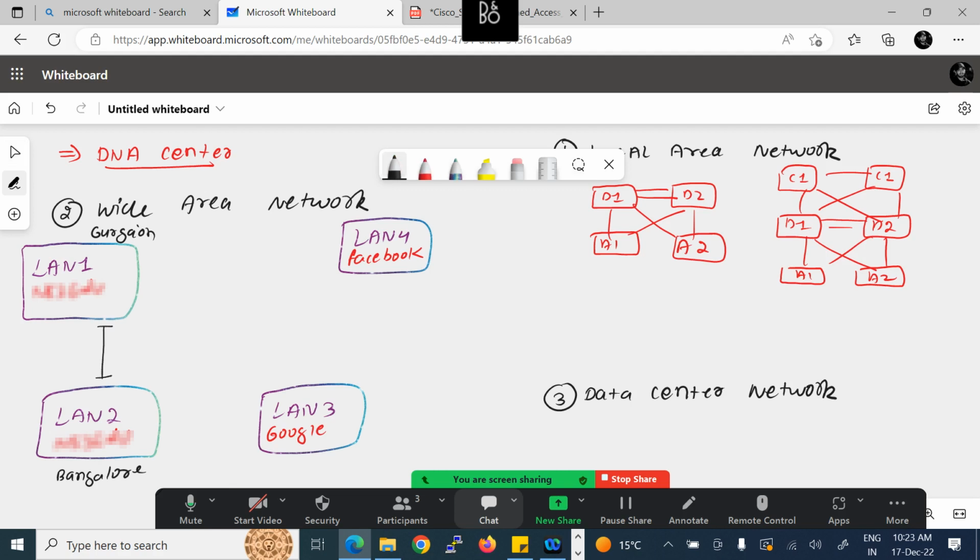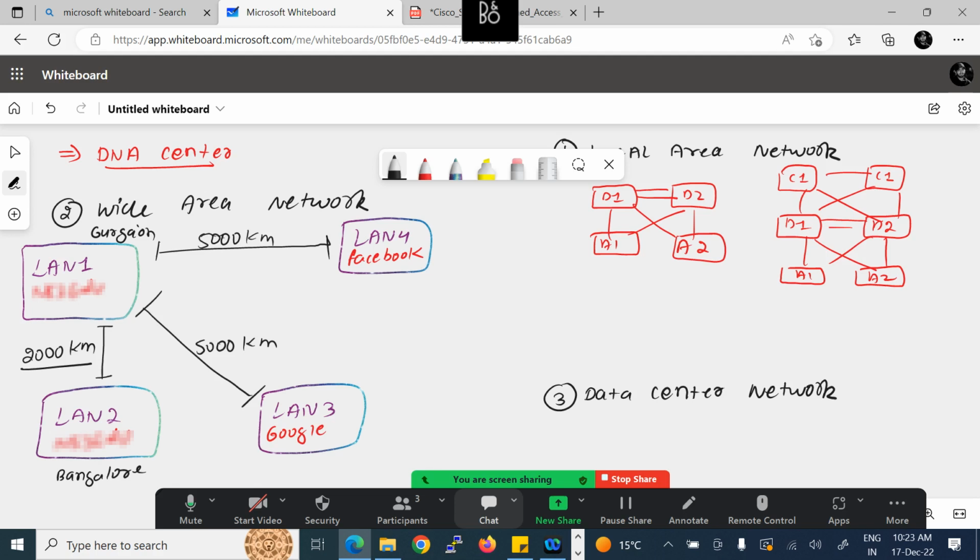If you talk about the distance, maybe they are 2,000 kilometers apart, for example 5,000 kilometers, and Facebook again maybe 5,000 kilometers. I'm just assuming it, all right?